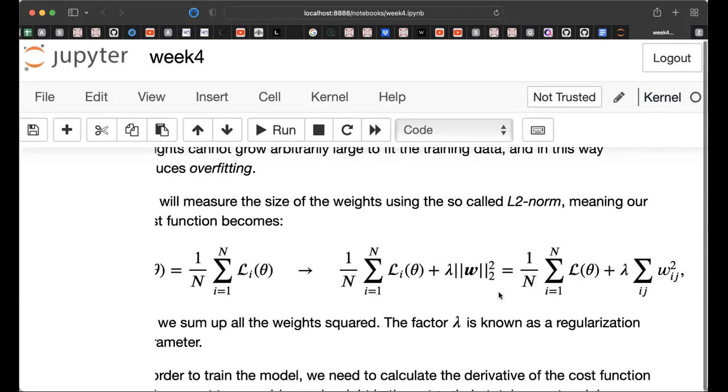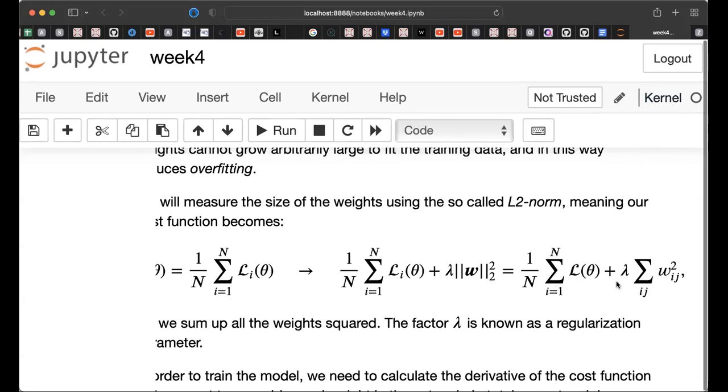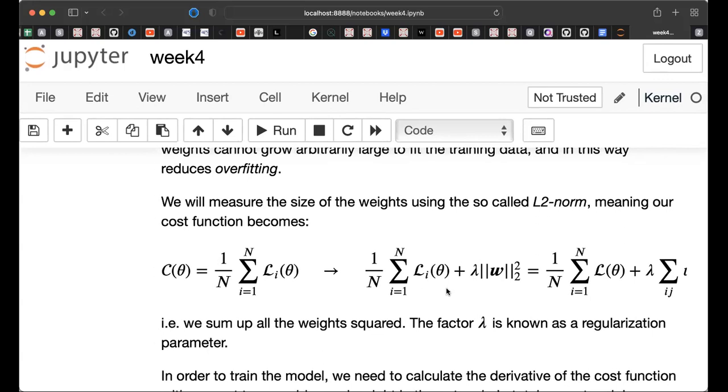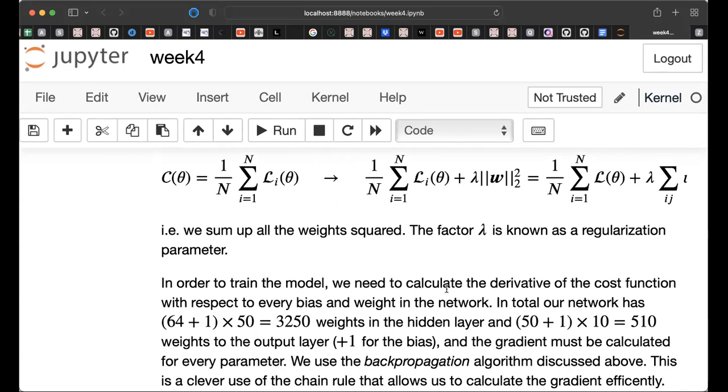And these are the regularization terms which we will typically end up with. And that means that the cost function which we would evaluate at the very end, which means when we now have the output from the output layer, then we would compare this with the targets, and we would simply take the derivative of this function here. And this is where the regularization term enters. So that's an additional term.